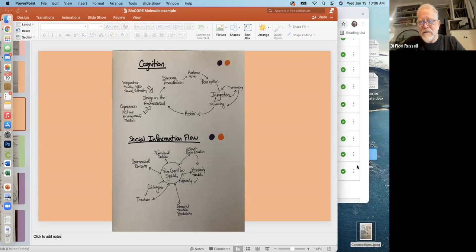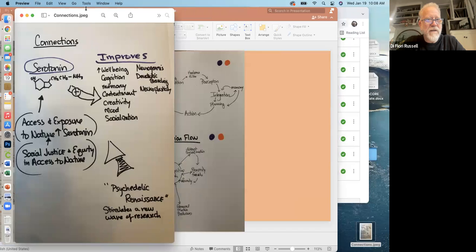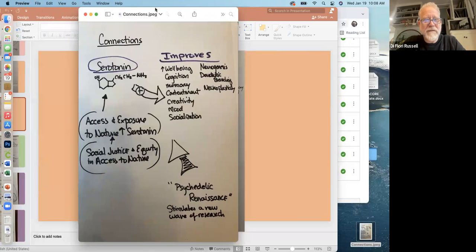Just as a quick aside, I didn't put it in this show, but I had this other thing for the serotonin that I might have put in my notebook because it links to our social justice equity thing and the idea of urban ecology.